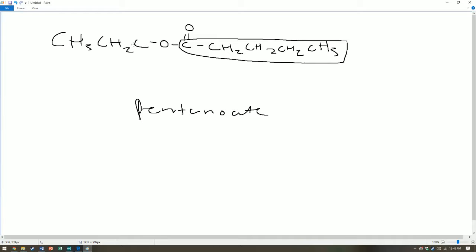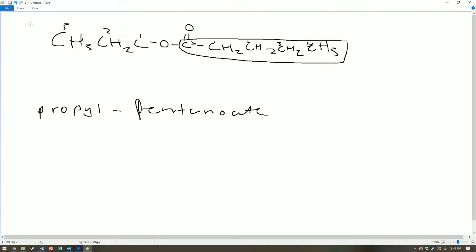And then this is 1, 2, 3, so this would be propyl pentanoate. Since this is 3 carbons long, this is 5 carbons long. And this should really be 1, but it was just to demonstrate a point.